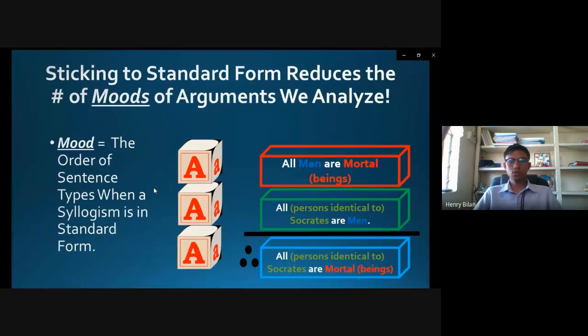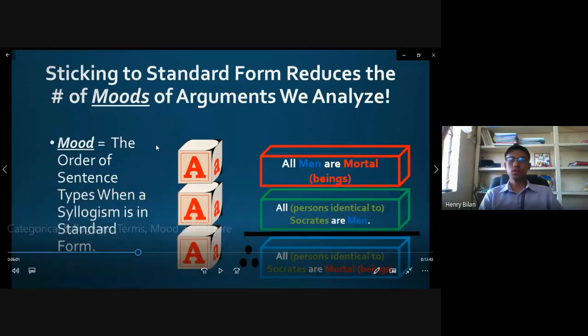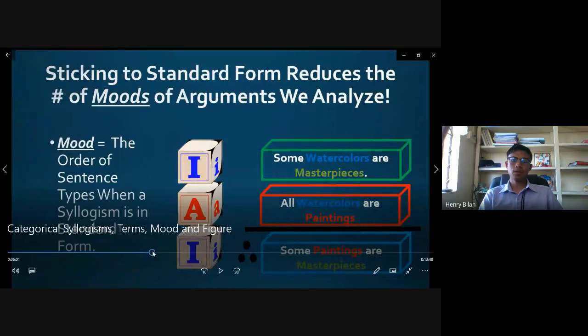Hence, a mood has three propositions involved. So again, if you're asked to determine the mood, just simply identify the propositions, and that is the mood. AI, so mga ganon.